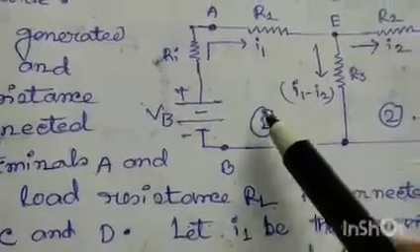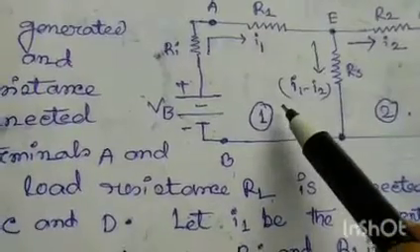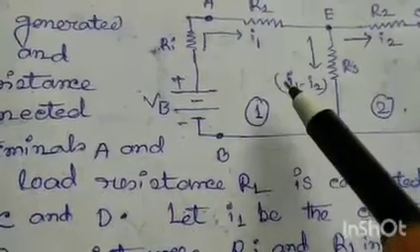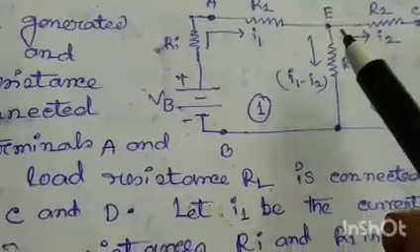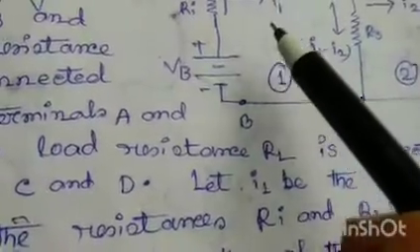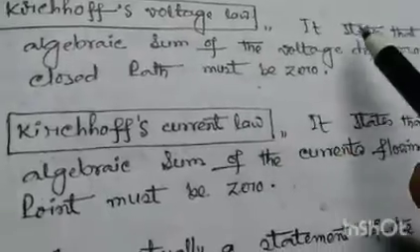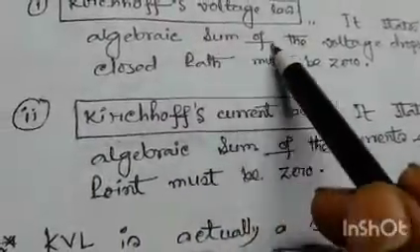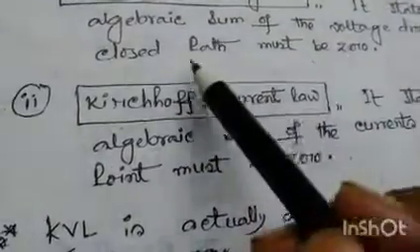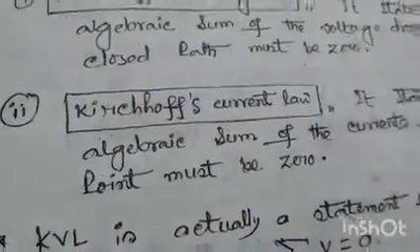Apply KVL law in loop 1. So what is KVL law? KVL law, Kirchhoff voltage law. It states that the algebraic sum of the voltage drop around a closed path must be zero.